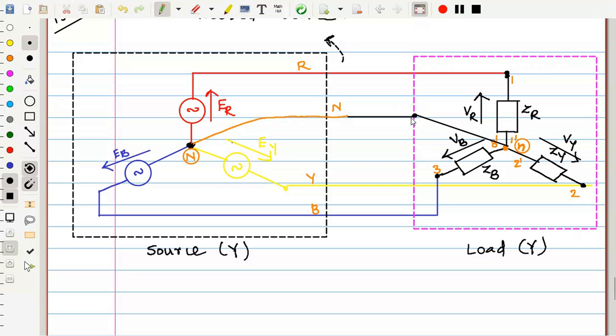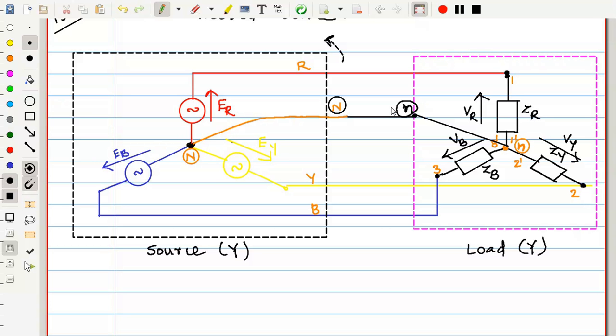So see that it is a bare simple conductor: the neutral of the source, capital N, and the load, small n, are joined by a conductor. We will understand why we connect this and what it signifies a little later.